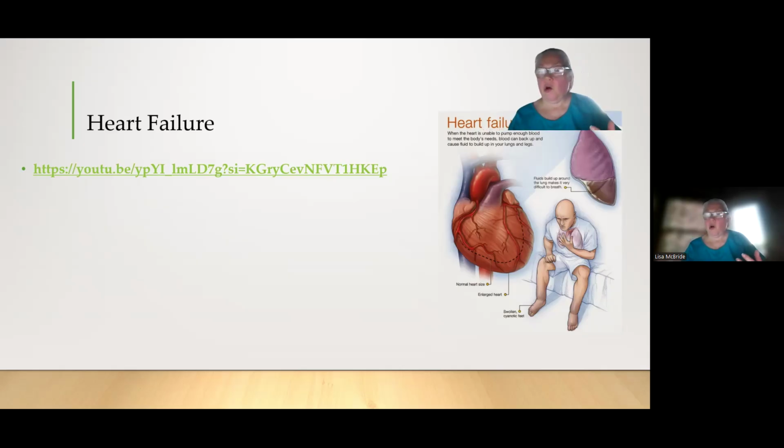The right ventricle only needs to push against the pressure that's in the lungs, because it's needing to get the blood to the lungs to get the oxygen. So contractility, again, is the force that the heart must contract with in order to get the blood through the lungs and to the body.